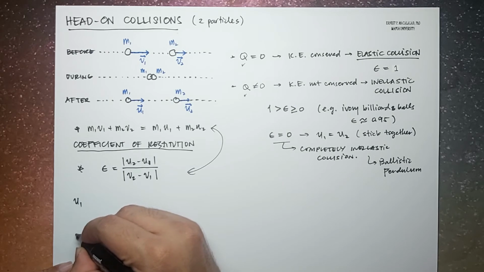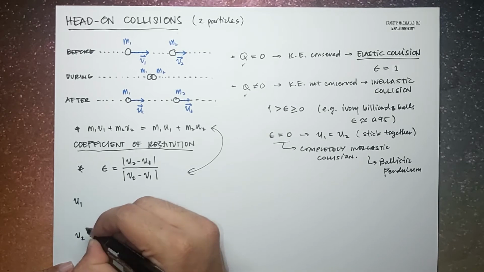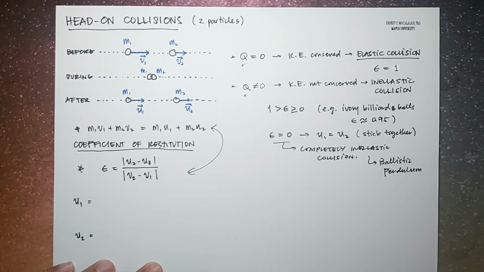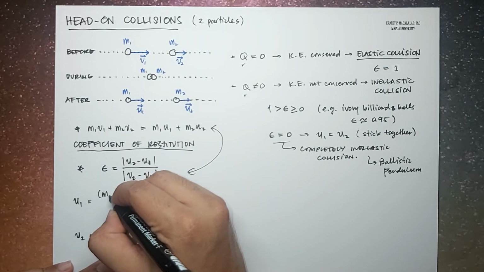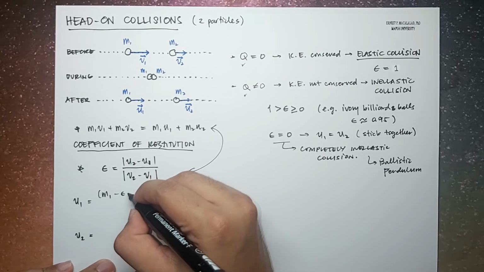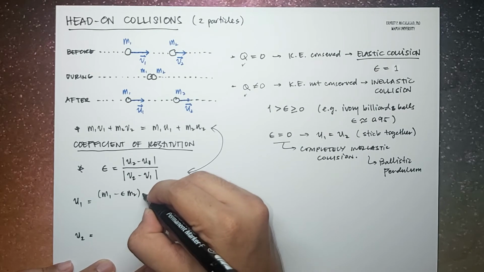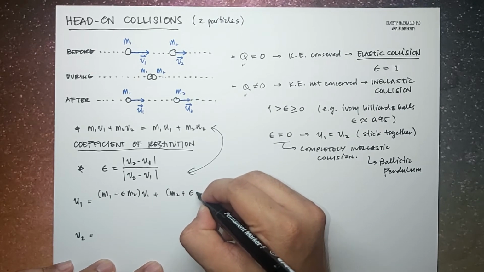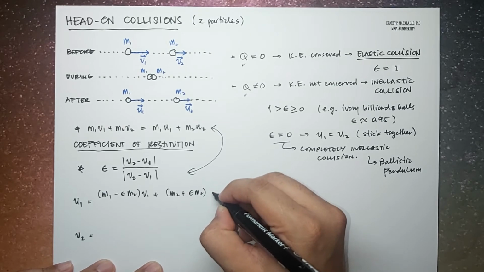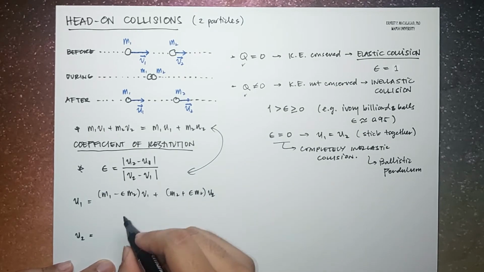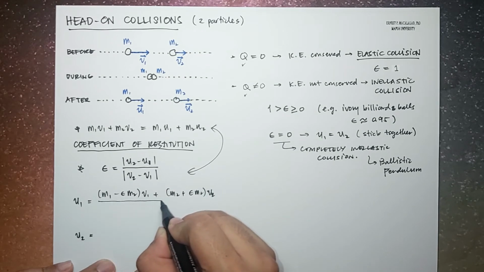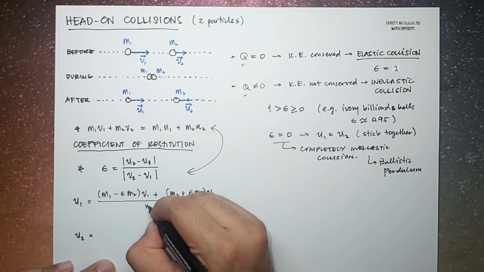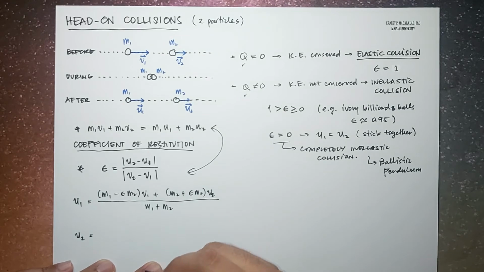The final velocity of the two objects will be equal to the following equations. u1 will be m1 minus epsilon m2 v1 plus m2 plus epsilon m2 v2, divided by m1 plus m2.